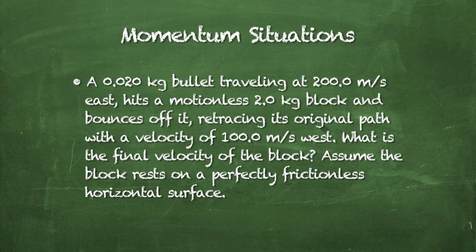What is the final velocity of the block? Assume that the block rests on a perfectly frictionless horizontal surface. Please apply your momentum ideas and your momentum equation to this situation, and let's let you answer that question.